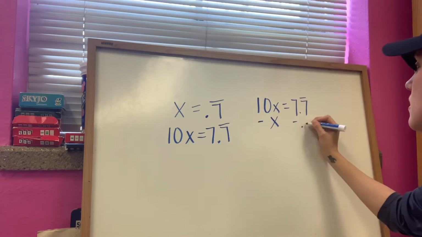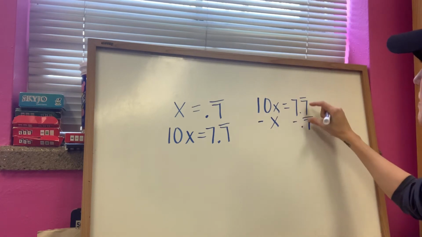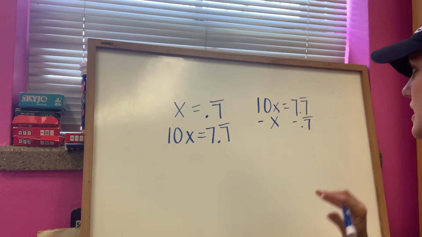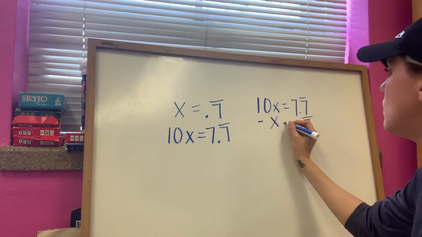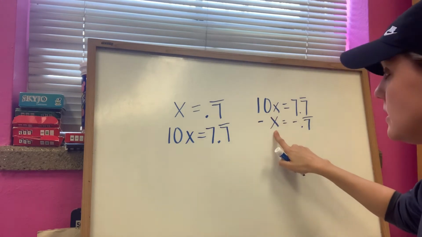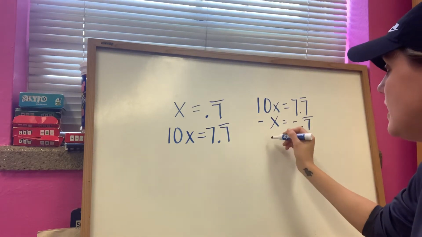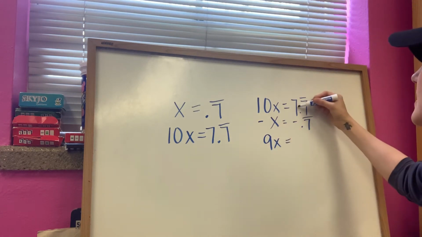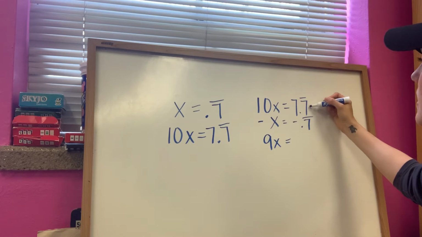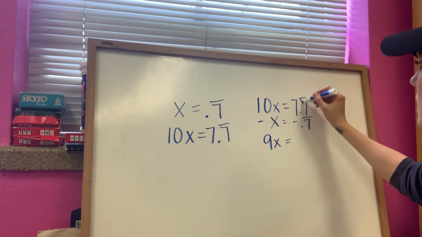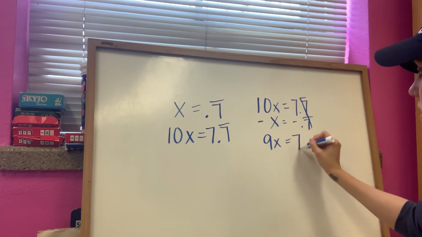So remember, as long as I subtract the same thing from both sides, or something equal to it, then that's okay. It'll keep this equal. So 10x minus 1x is equal to 9x. And 7.7 repeating minus 0.7 repeating would just give me 7.